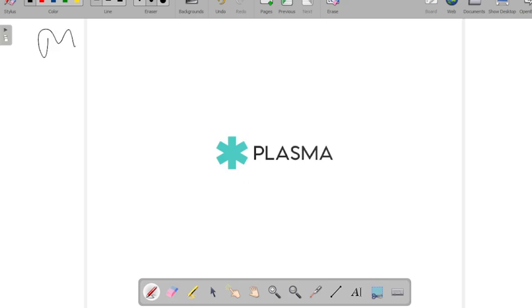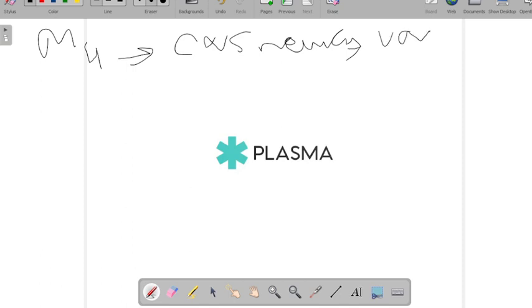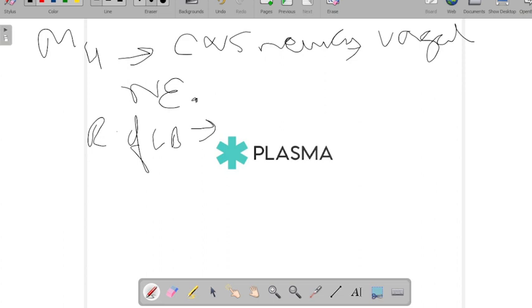Now we'll discuss the M4 receptor. It's present in CNS neurons and possibly in vagal nerve endings. Its result of ligand binding is the same as M2 receptor, that is opening of potassium channels, inhibition of adenyl cyclase.